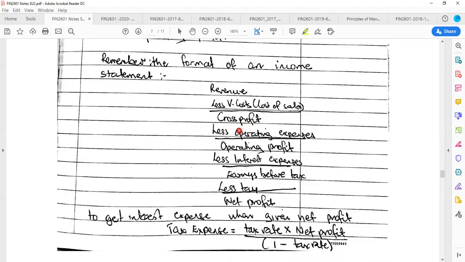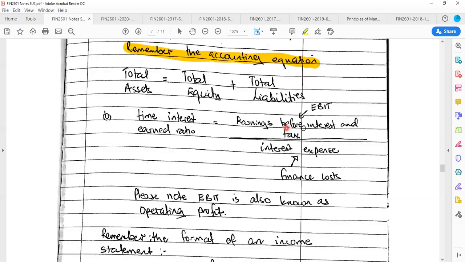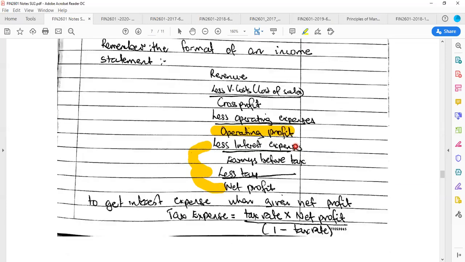It's also important to remember this. Sometimes when you've been given net profit, you need to add back tax, and then add back interest expense, so that you can get your operating profit, and then you can substitute the operating profit, which is EBIT, divided by the interest expense.